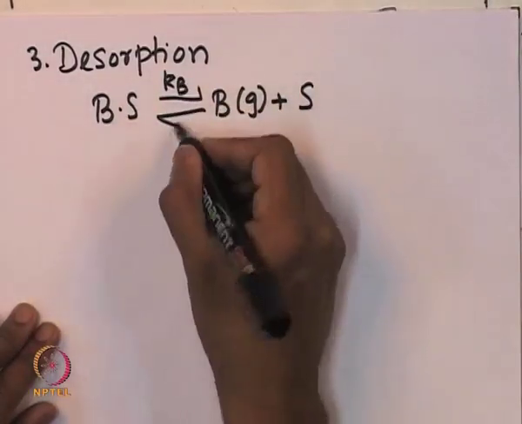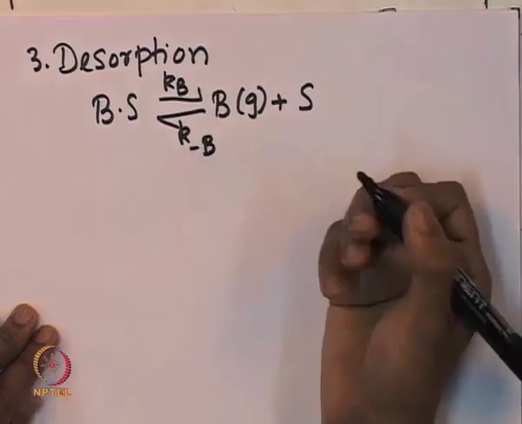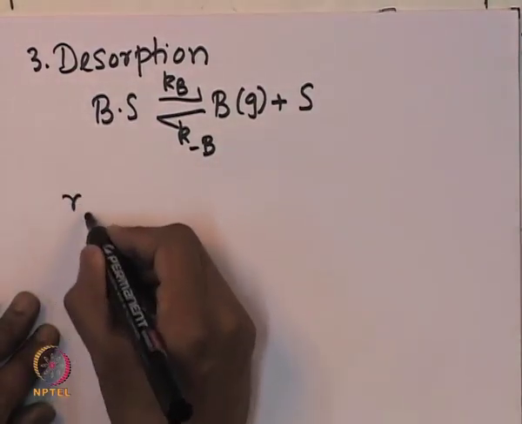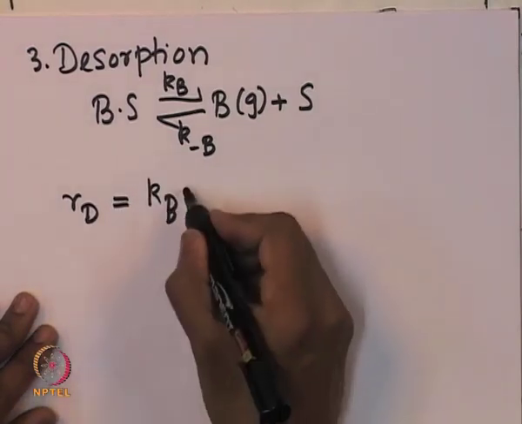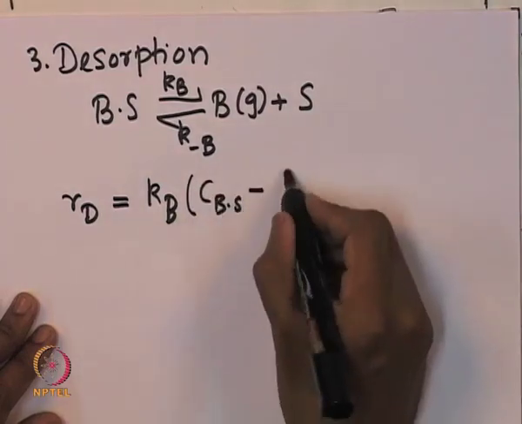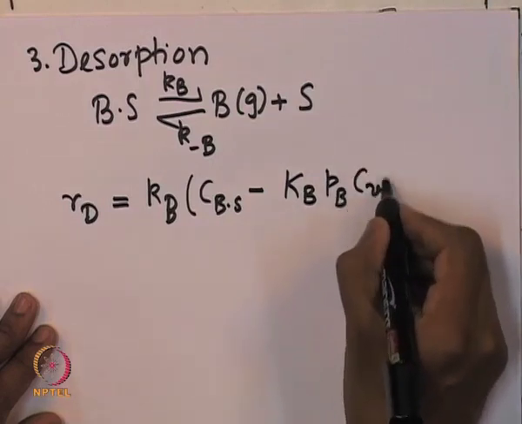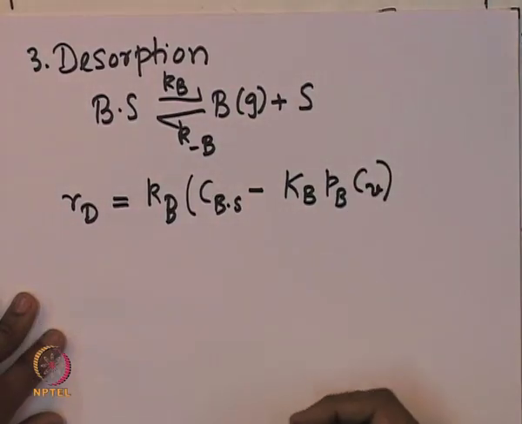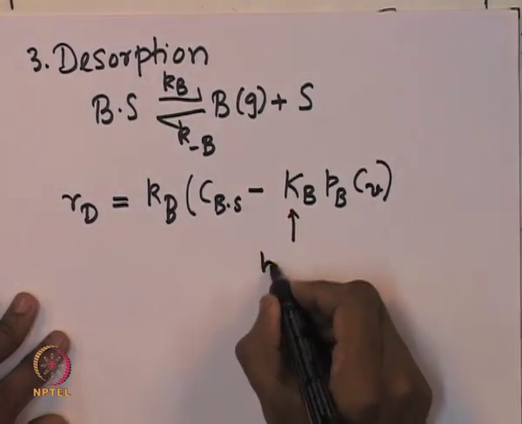If the corresponding specific desorption constants are Kb and K minus B, then the rate of desorption is given by Kb into Cb dot S minus Kb into Pb into Cv.